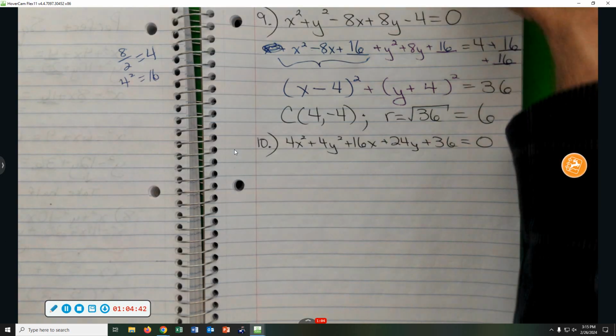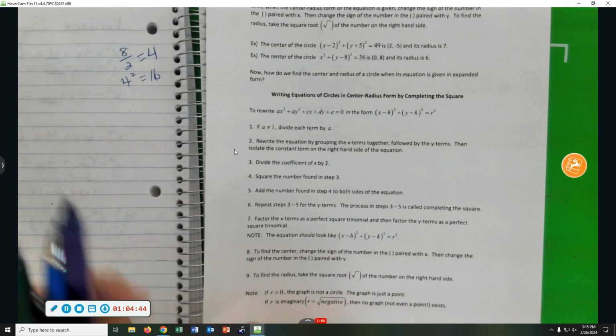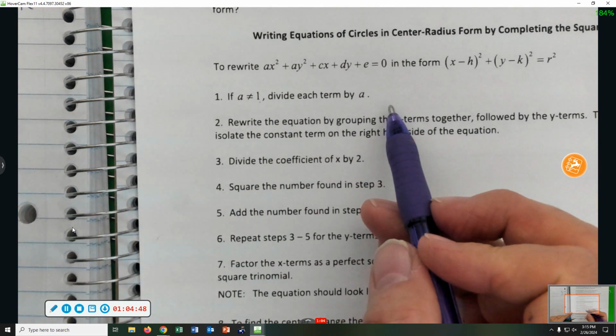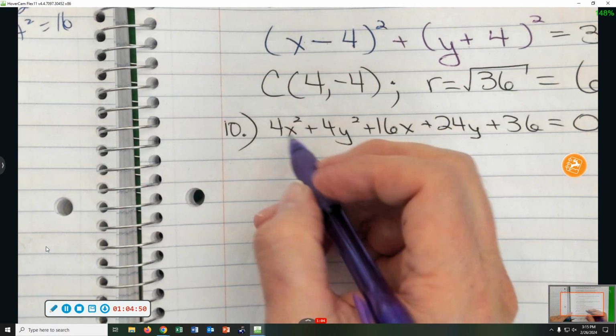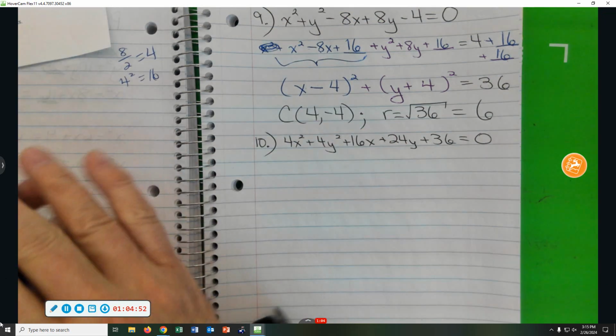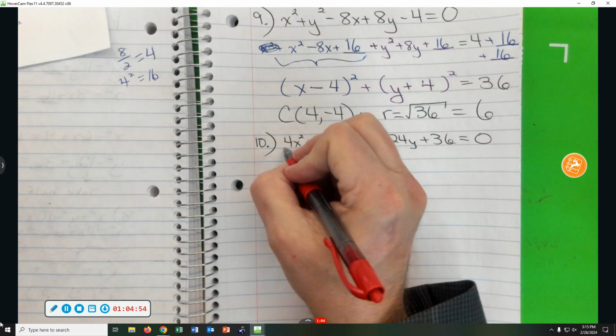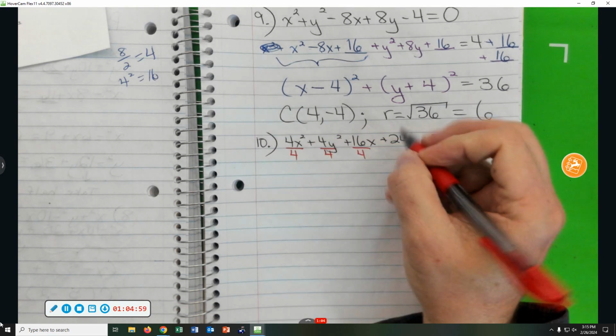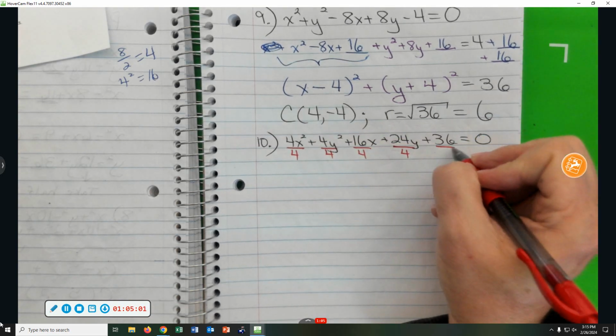So if you look here, the first step, if A isn't equal to 1, divide each term by A. So A is a 4, go through, divide everything by 4. That's the same thing as multiplying by 1/4. That's why we're able to do this.